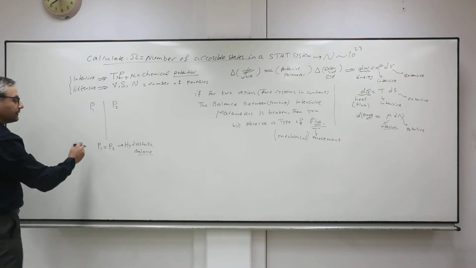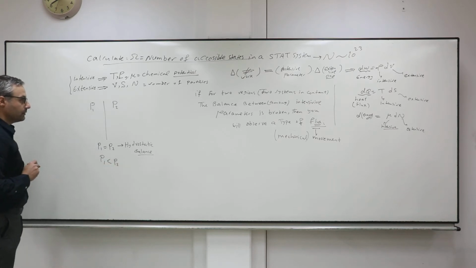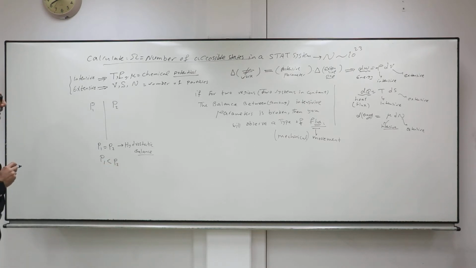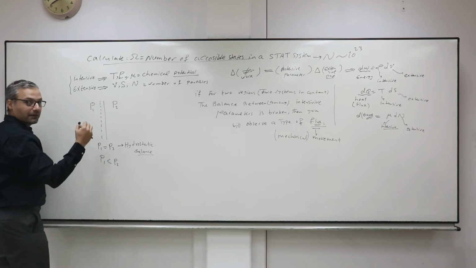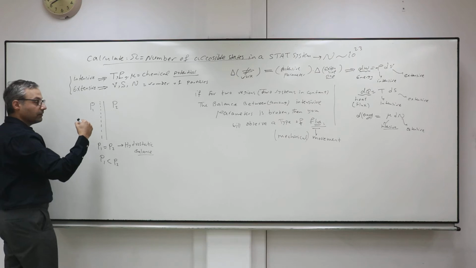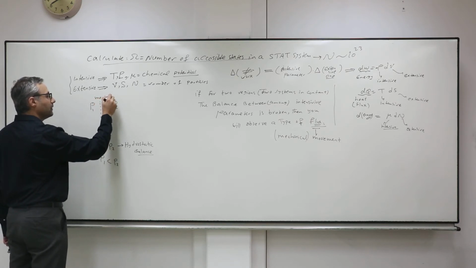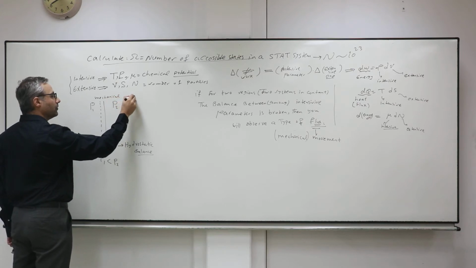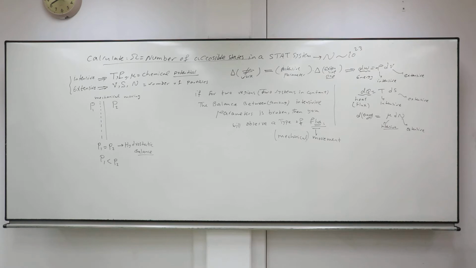But when the balance of the pressure is broken, for example P1 is less than P2, the wall will move, because of the mechanical force. So you will have mechanical movement.